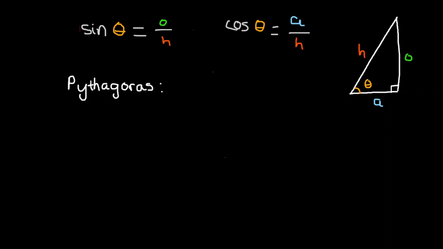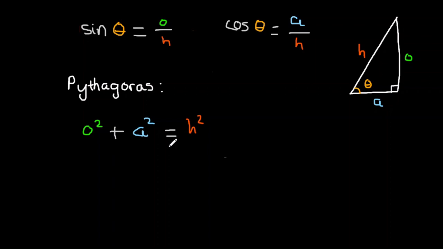Now let's apply Pythagoras' theorem to this triangle. According to the theorem, O squared plus A squared is equal to H squared.